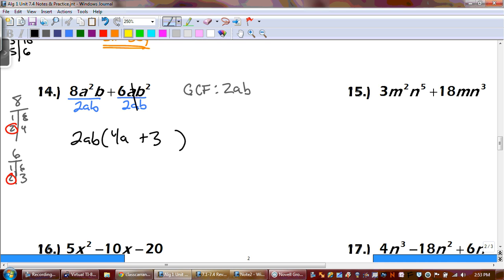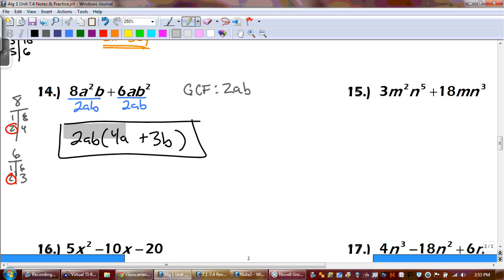The A's cancel, and B squared divided by B is B. Okay, so just remember that your answer has the GCF and then whatever the remainder is from when you divide. Okay?